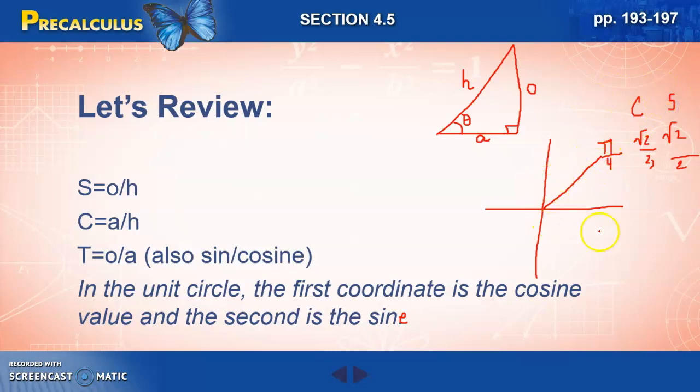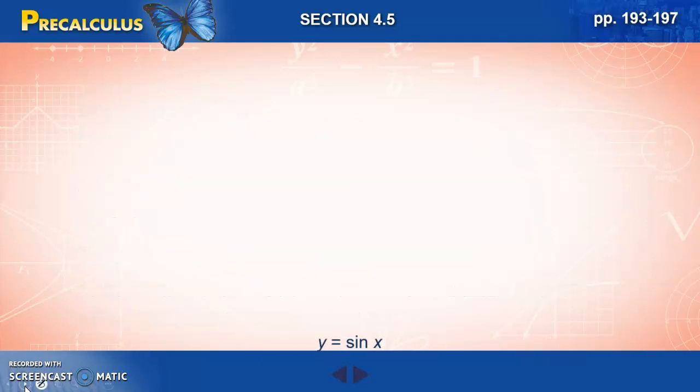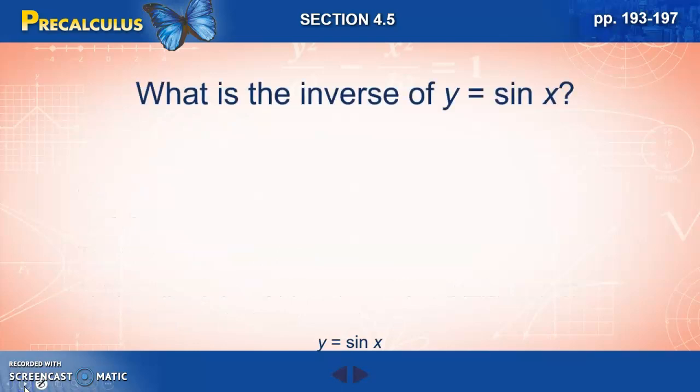So the unit circle is just a helpful trick, a helpful way to remember some of those common angles, like 30 degrees, 45 degrees, 60 degrees, which we can also write in radians. Remember that pi over 4 is just 45 degrees. So just a quick reminder about those things before we move on to inverse trig functions.